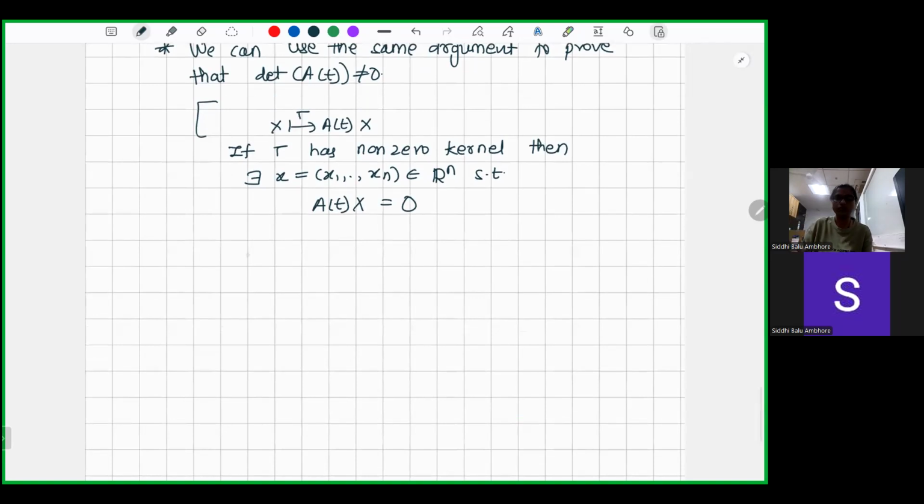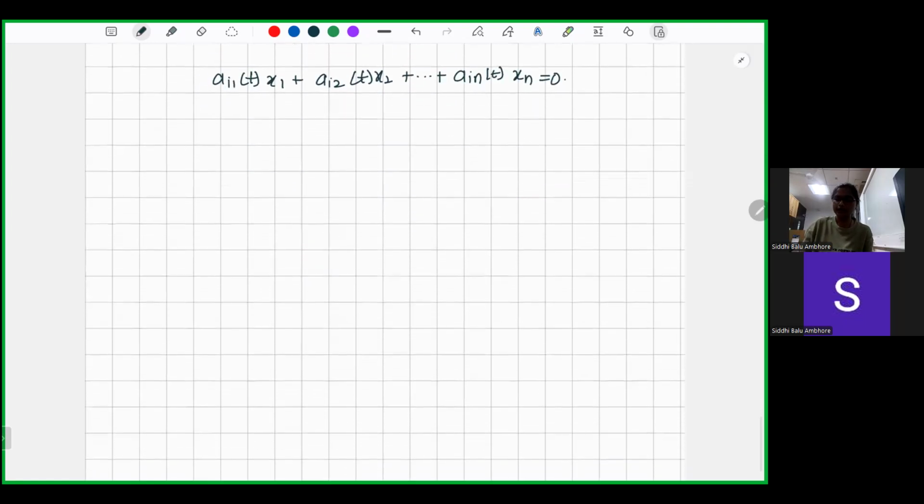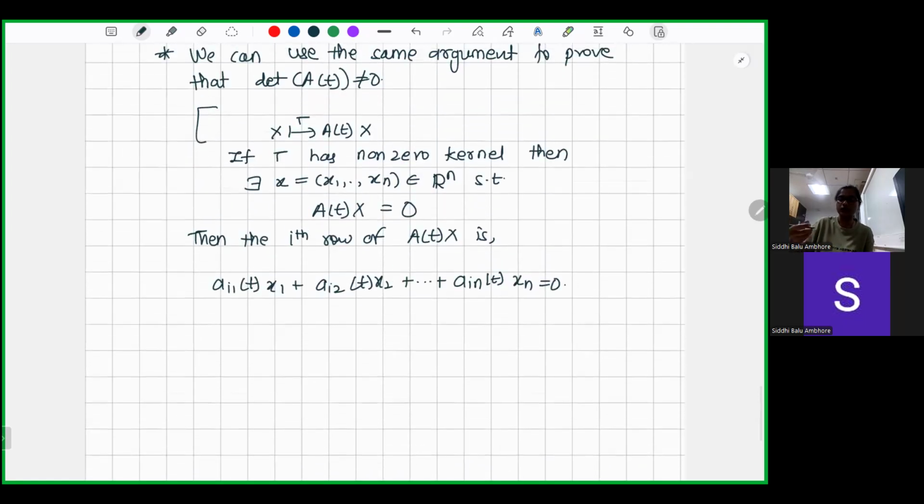What does this mean? Then the ith row of A_t x is a_i1(t) x_1 plus a_i2(t) x_2, up to a_in(t) x_n, and this will be 0. It is the same argument which we followed. Since we are talking about a non-zero kernel, we can choose x non-zero in R^n.